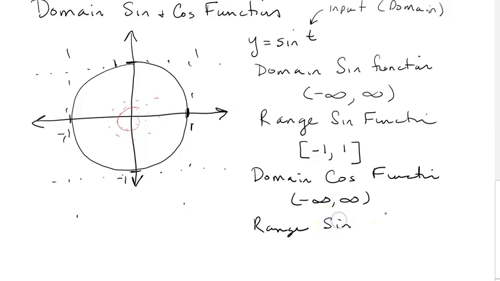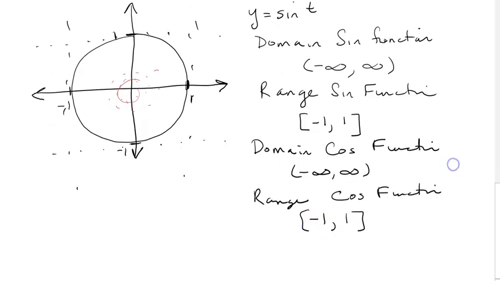So both sine and cosine have a domain of -infinity to infinity, meaning you can input any single angle you want, again, whether it's radians or degrees, and have an output or a range between -1 and 1. So that's another little piece of information you want to memorize and make sure you know.